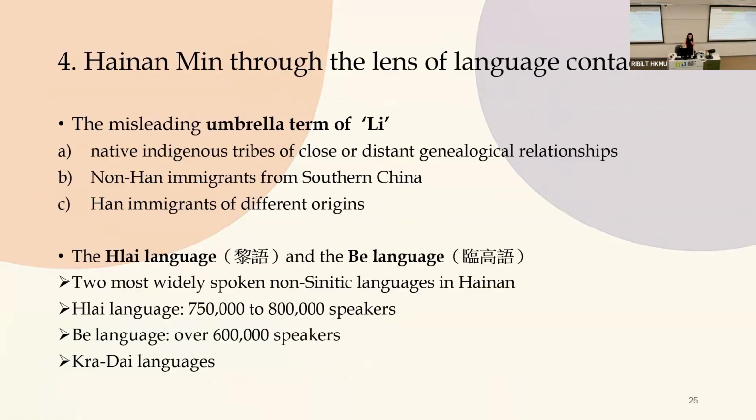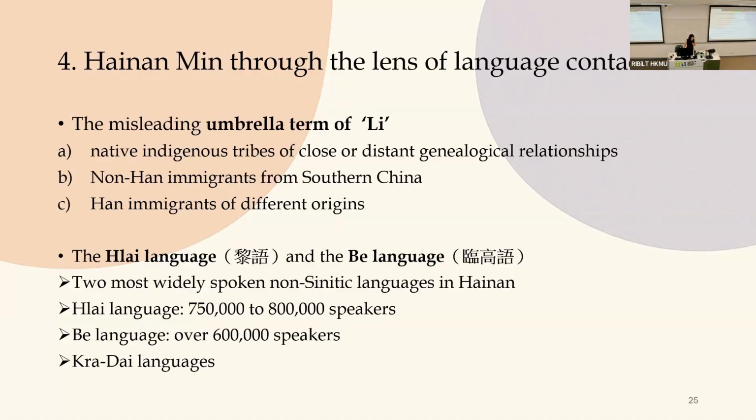Li is actually an umbrella term used to denote all the non-Han indigenous people on the island. The so-called distinction of wild Li and tame Li only referred to their social behaviors, but is not in any way an accurate classification of the non-Han people's ethnic origins.